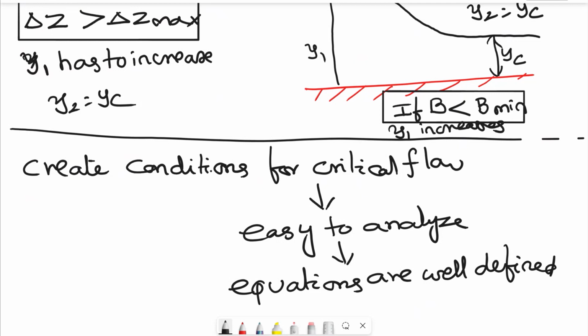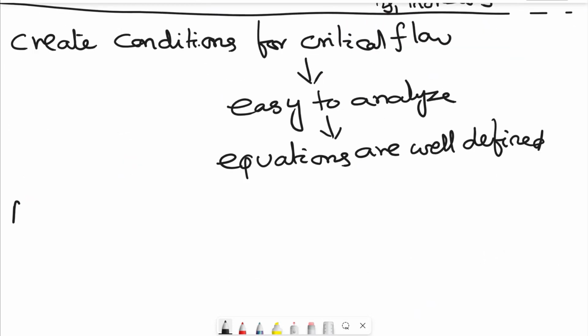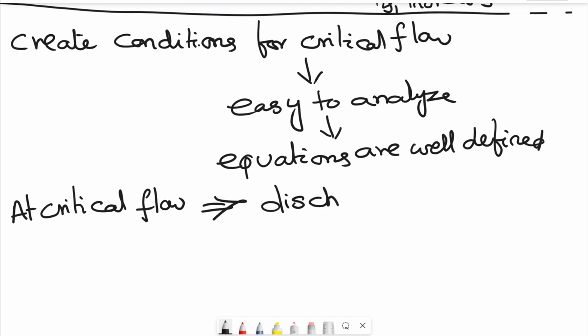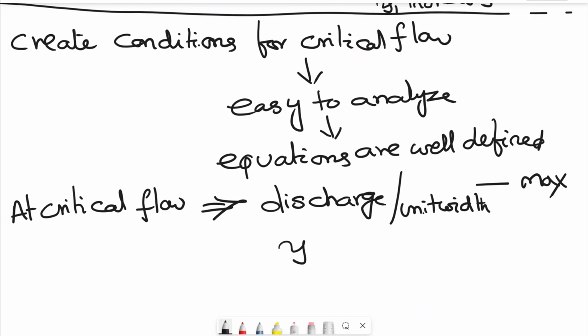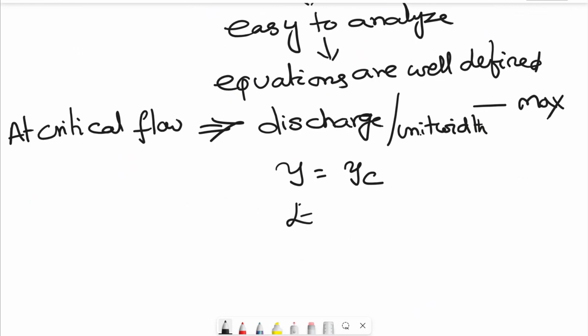That is why we do it. And at critical flow, what are your advantages? Number one, discharge per unit width becomes maximum. Then Y becomes YC, and E becomes E minimum. So these are the things you should remember.